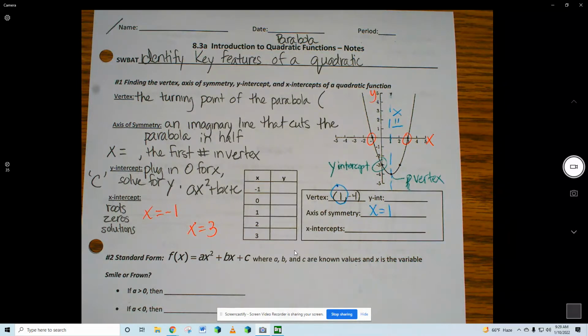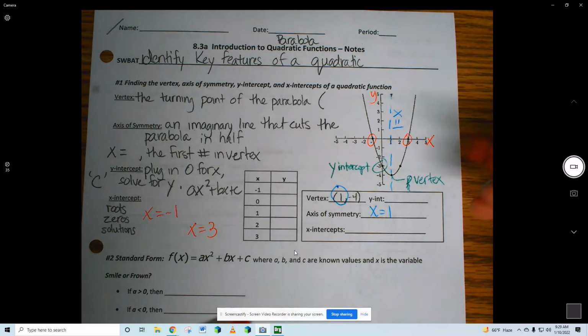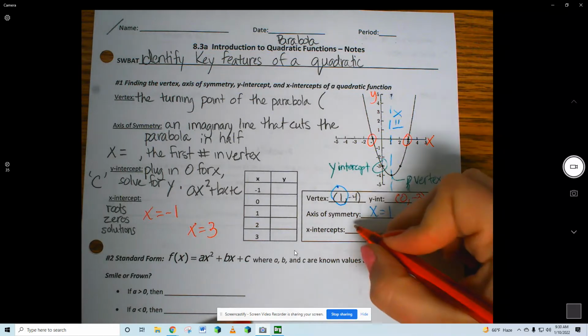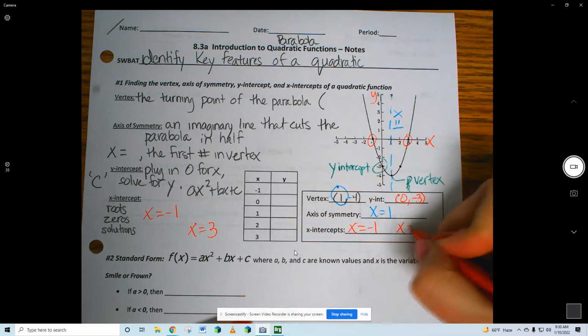Where does my parabola cross the x-axis? -1 and +3. All right. So my y-intercept is at (0, -3). My x-intercepts are at -1 and +3.